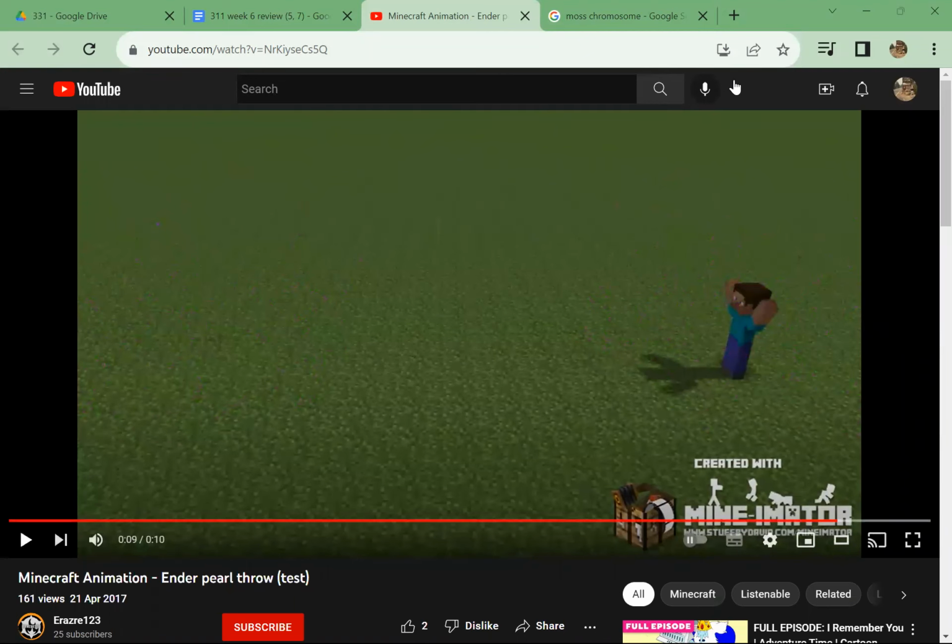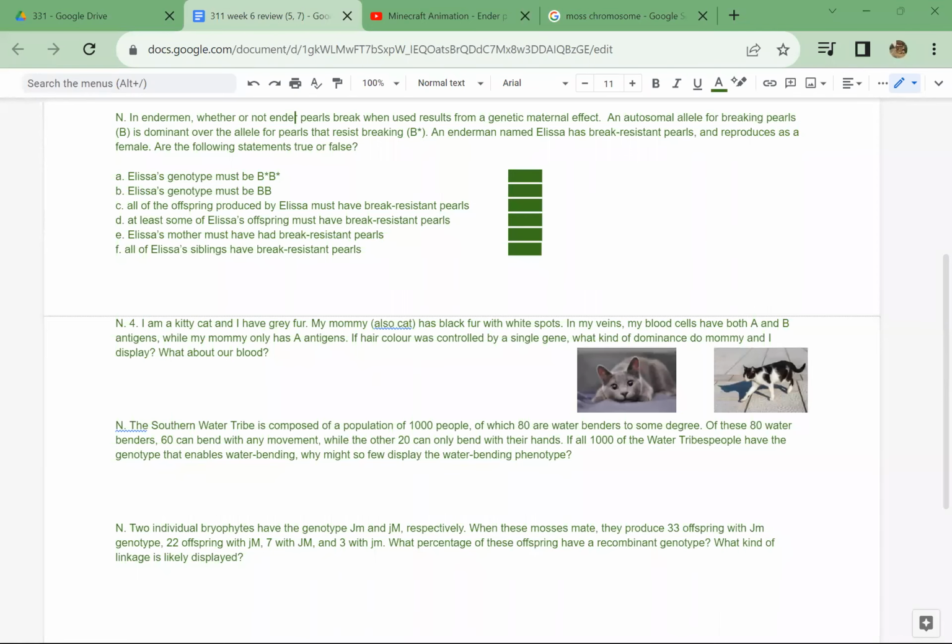And whether or not they break when they hit the ground is apparently controlled by a single gene. And it is possible to have Ender pearls that resist breaking when you throw them, so they can be used over and over again. I'm not sure if that's the thing, but I made it up. It's my question.